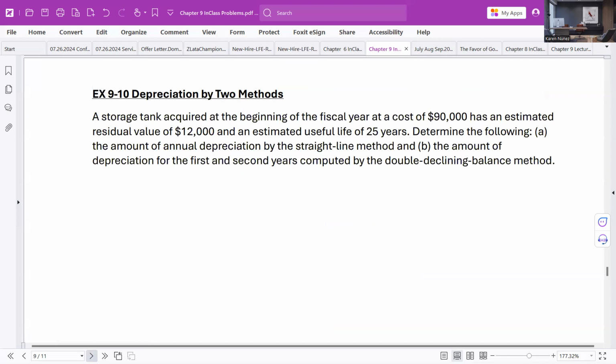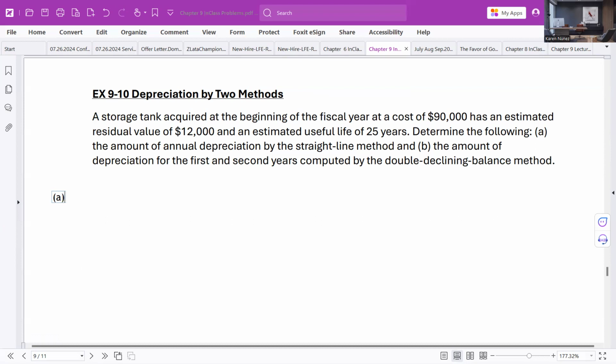So again, comparison. So in A, if we are asked to find the amount of straight line depreciation for, in this case, the first 2 years, year one and year two, well, the straight line depreciation expense is just the cost over the estimated useful life, right?